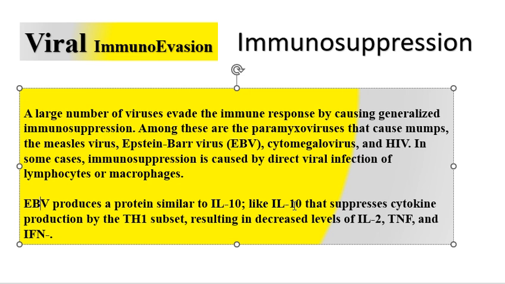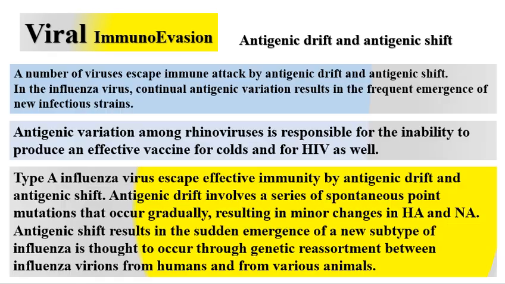And activated T helper 1 will produce interferon gamma, which has an antiviral effect. So the Epstein-Barr virus produces this IL-10-like material, and this will suppress the expression or secretion of cytokines by other cells.